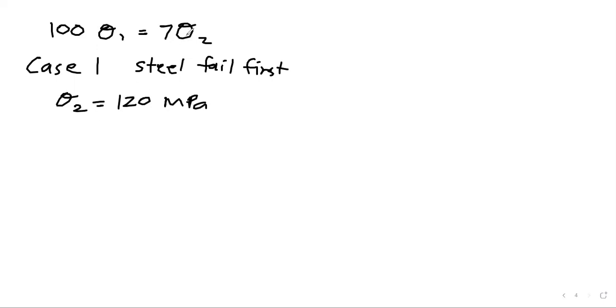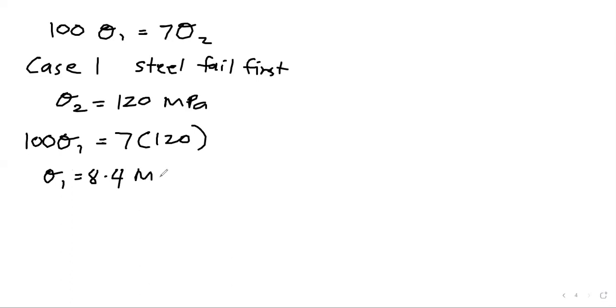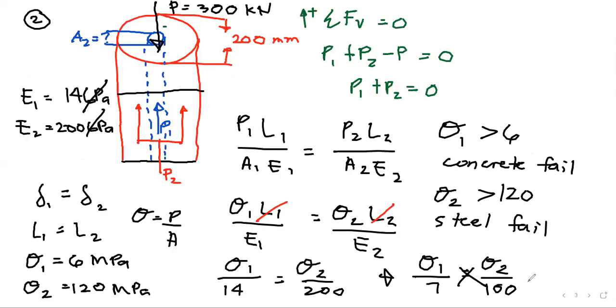Diba? So, substitute natin siya dito sa given equation na to. So, 100 stress 1 is equals to 7 times 120. And we have stress 1 is equals to 8.4 megapascal. So, technically guys, yung stress 1 natin na dapat hindi sumobra sa 6 is sumobra.